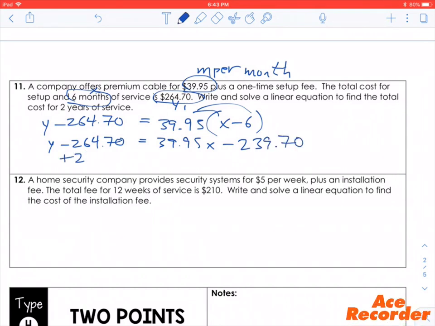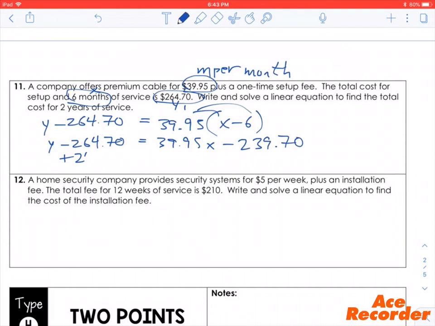And we go ahead and add 264.70, and we get y equals 39.95x plus whatever this is. So 264.70 minus 239.70 is 25.